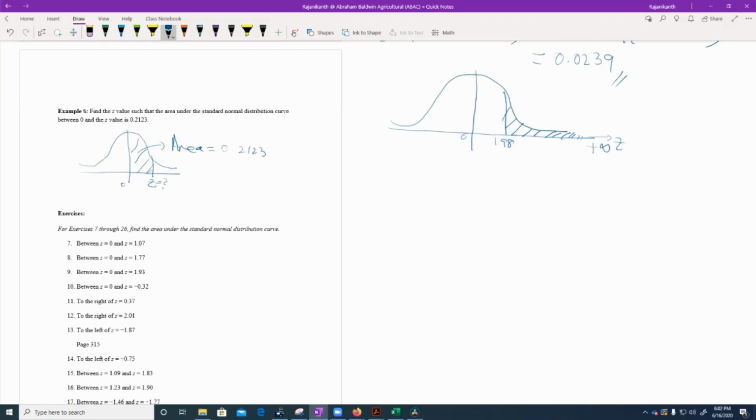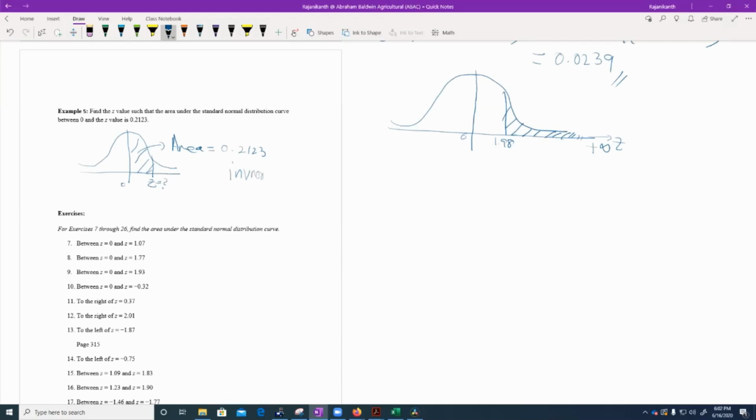Okay, how are we going to find that? Here also, to find the corresponding z value, we have one function, which is called the inverse norm function in your calculator.